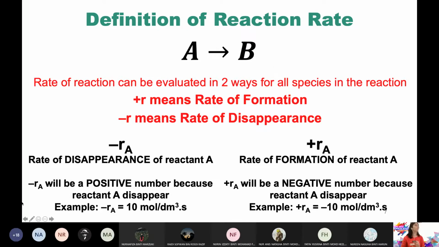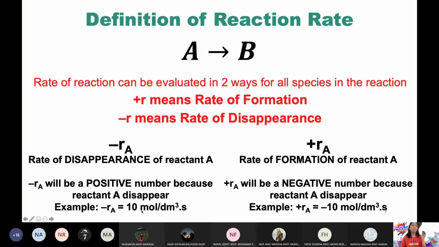So mungkin kamu terfikir, saya nak tahu positif ke negatif. Okay, sekarang kamu tengok. Katakan kamu nak tahu rate of disappearance of A. Kadar kehilangan spesies A. Kamu cek tindak balas dia. A is a reactant, A does disappear. Kamu nak kira kadar kehilangan, rate of disappearance, and in the reaction, A does disappear because A is a reactant.